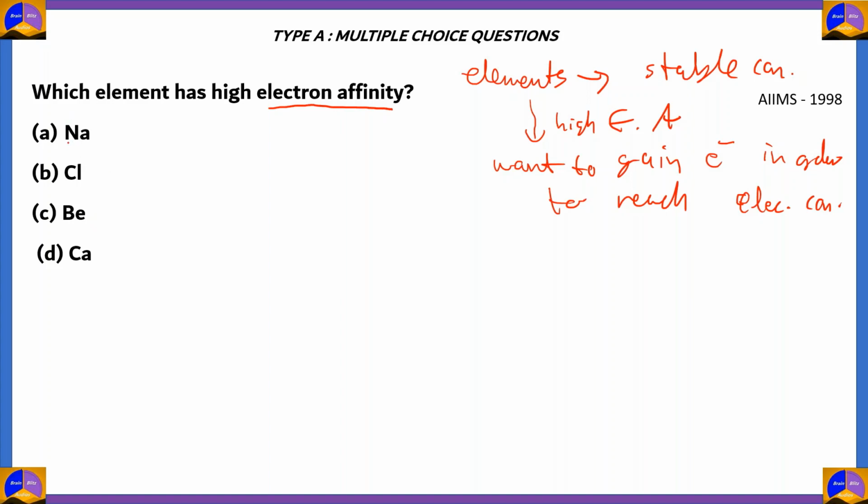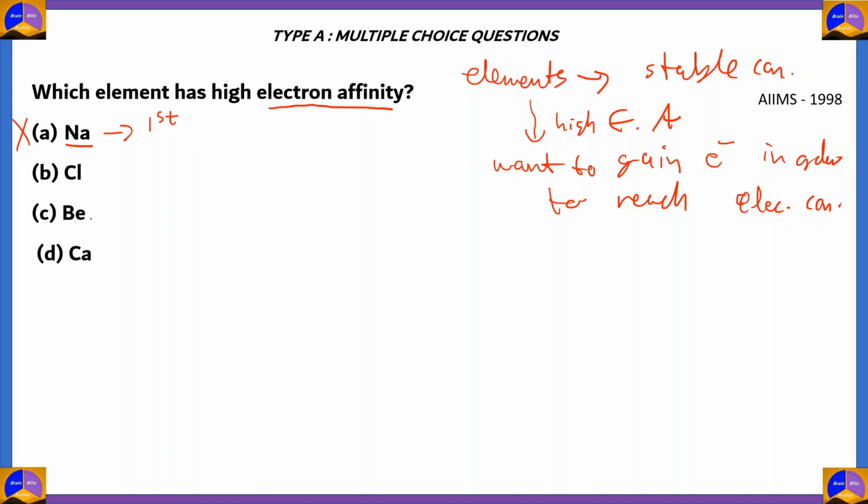For option A, sodium lies in the first group, and the first group contains alkali metals. These want to give away their spare electron instead of accepting one. So option A is incorrect.